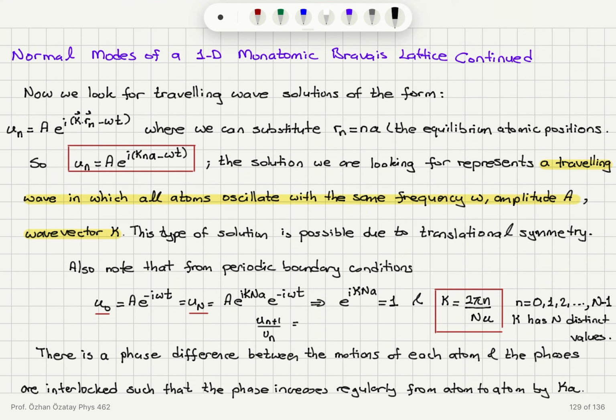You would see that this ratio is equal to e to the i K a. So we would see that this phase is increasing regularly from atom to atom by an amount Ka.